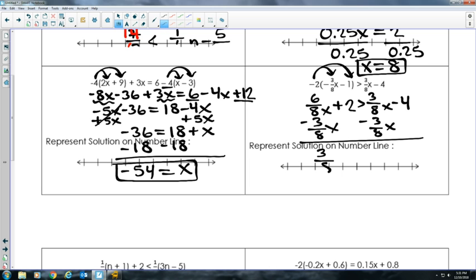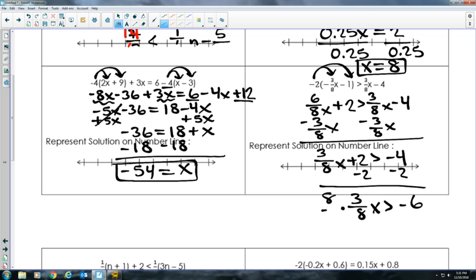You end up with 3/8x plus 2 is greater than negative 4. Subtract 2. 3/8x is greater than negative 6. Multiply by our reciprocal. And x is greater than negative 16.